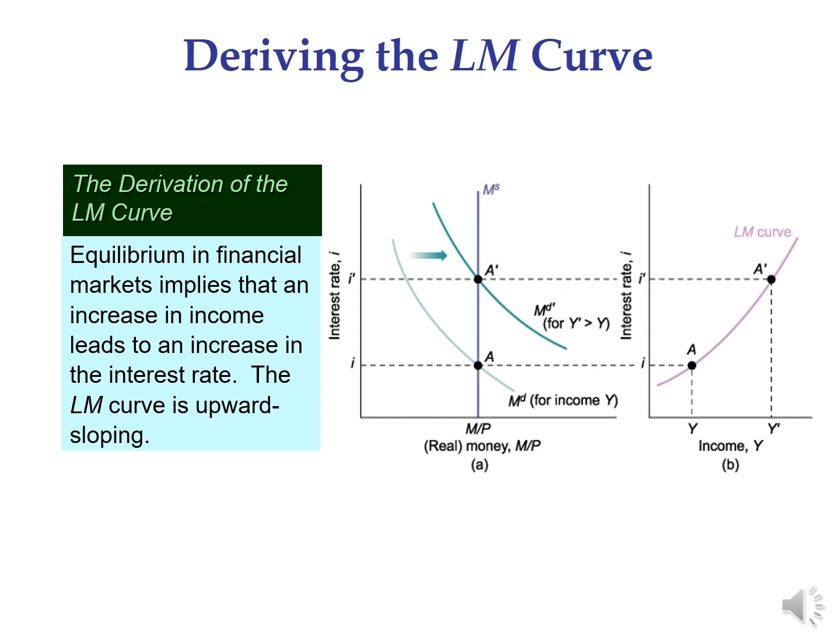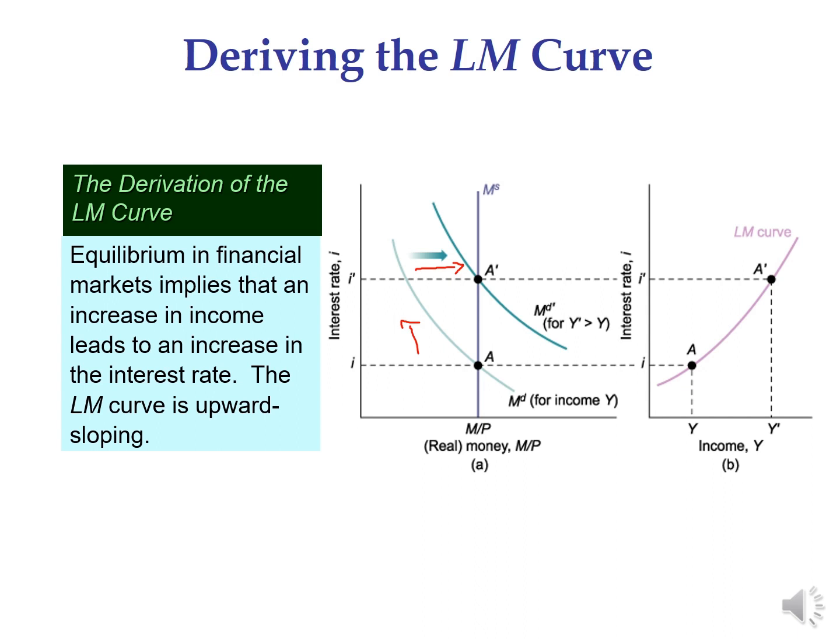As we already discussed in the previous slide, when the interest rate increases, the equilibrium also changes or becomes higher. So from this we can easily derive the LM curve.